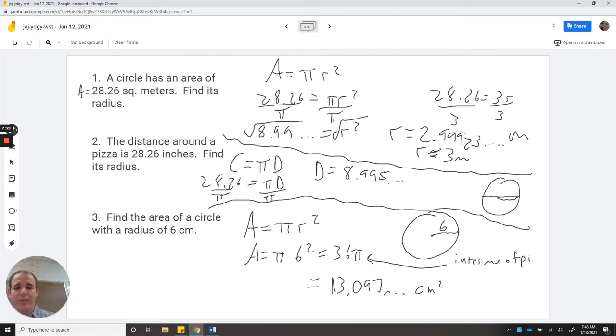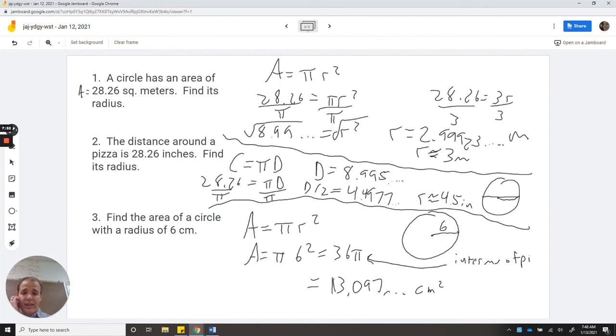So I'm going to have to take that and divide by 2. Diameter divided by 2 is 4.49977. More numbers after that, and that's the radius. So r is approximately 4.5 meters. Okay.